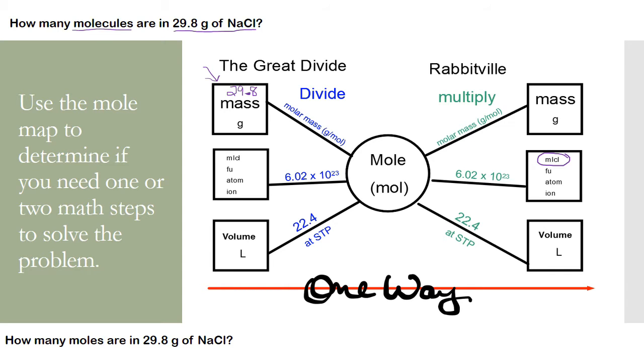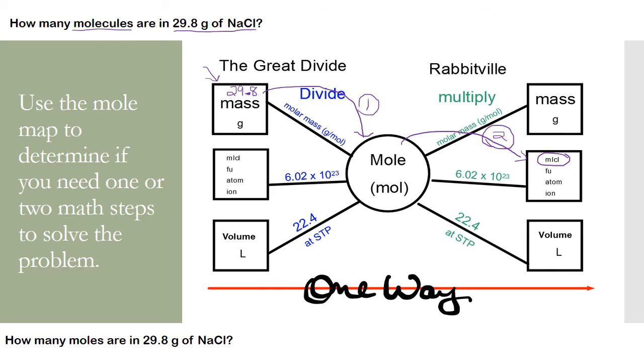So to get from mass all the way over here to molecules, I'm going to have to do one step to the mole, and then over to a second step to get to the molecule. So that's why that problem is going to be a two-step problem. At the bottom, I have how many moles are in 29.8 grams of NaCl.